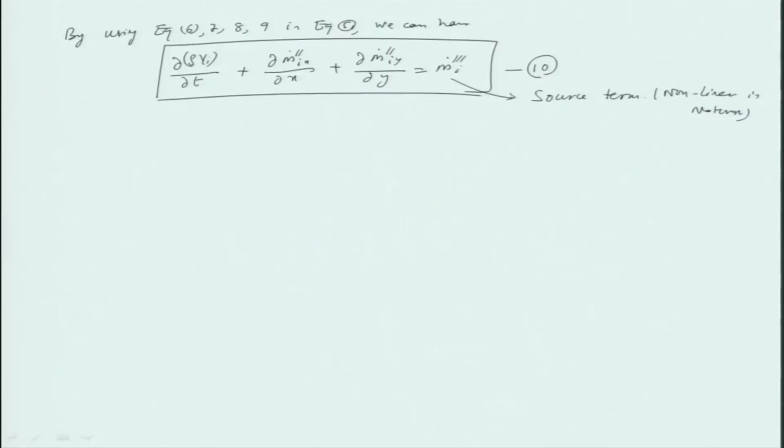Now, coming back to this, we have already derived a relationship for the mass flux of the I-th species along the x direction. What would it be? y_i m dot I x minus rho D_ij.